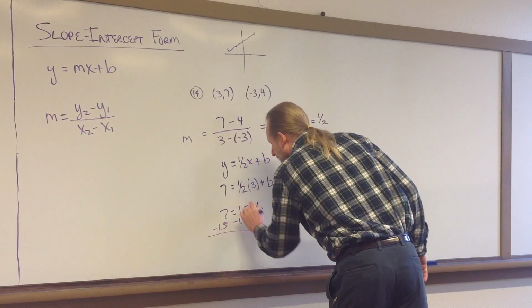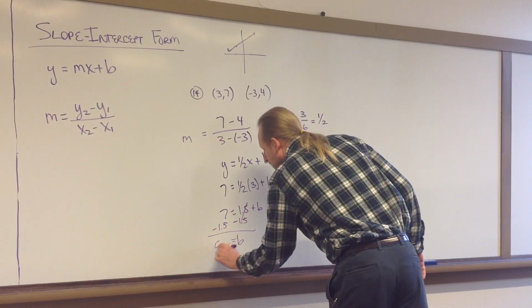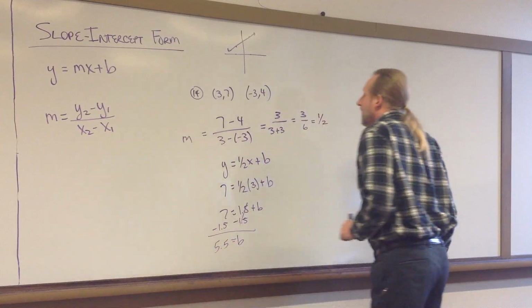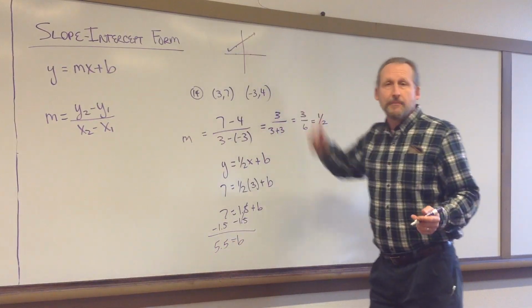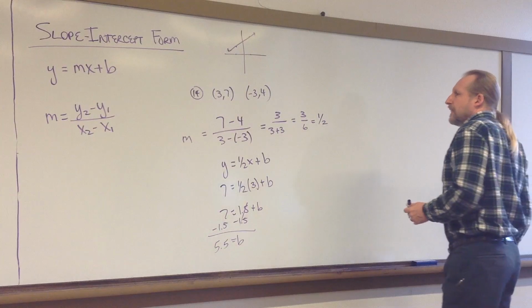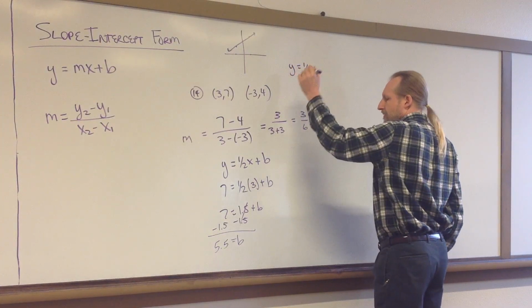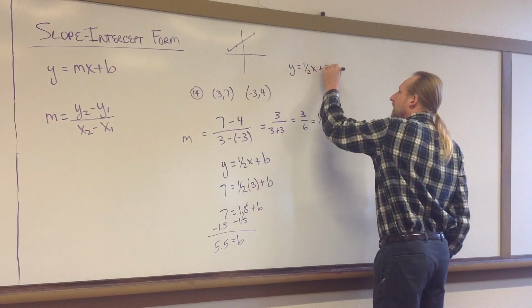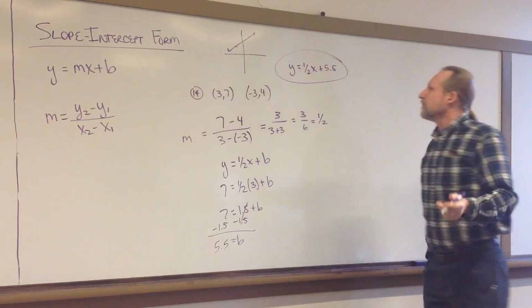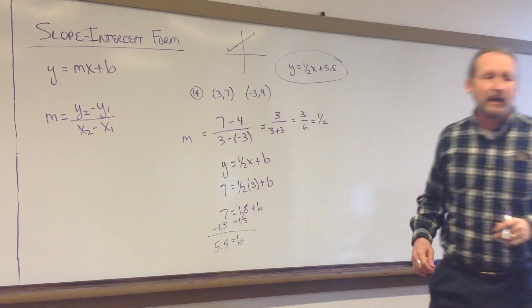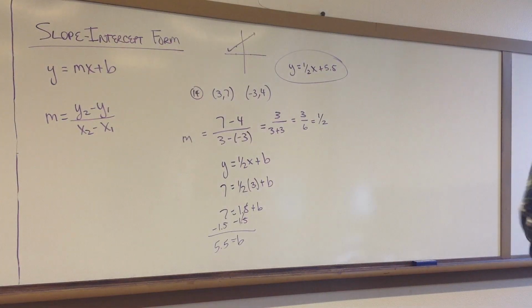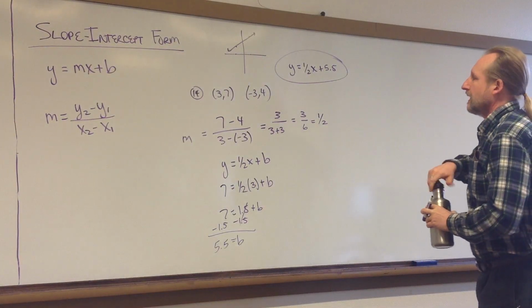Subtract 1.5 on both sides. Looks like b is going to be 5.5. And that's fine. That matches up pretty well with what we're seeing there. So our equation should be y equals 1/2 x plus 5.5. And there we go. And like I said, you can call that 0.5 x if you prefer. Doesn't make any difference in that situation.